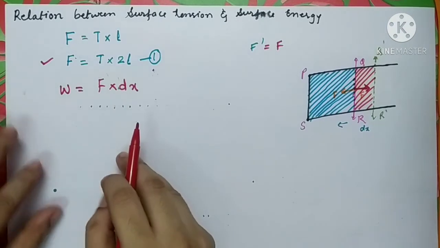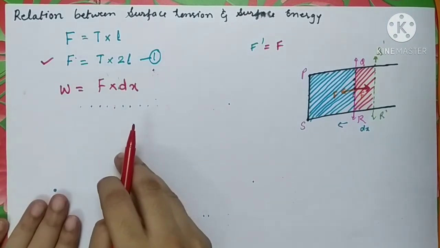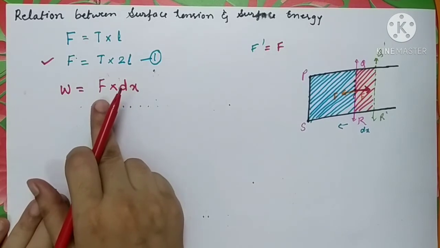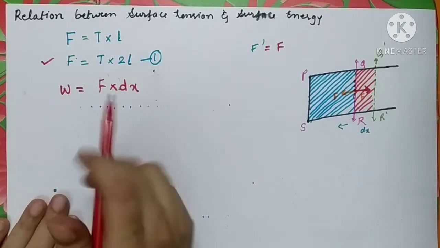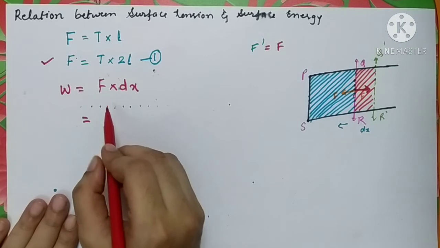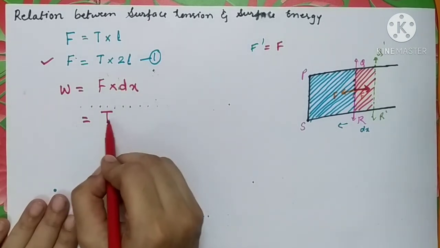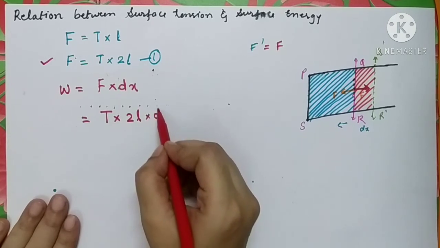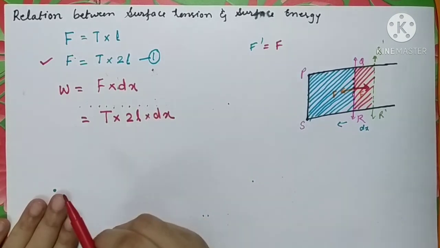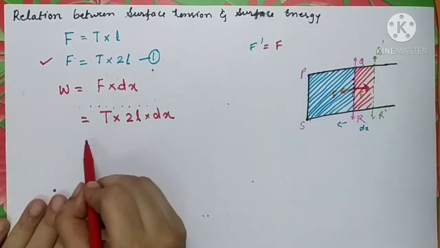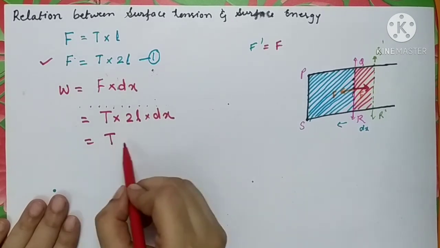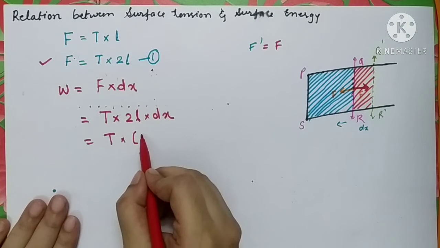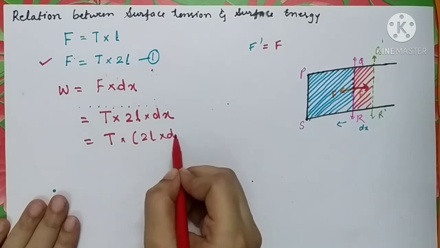This is the formula of work done. We all know it. Now let us substitute the value of F from equation 1. F can be written as T into 2L, and dx will remain as it is. Now I can write this equation as T into 2L into dx.